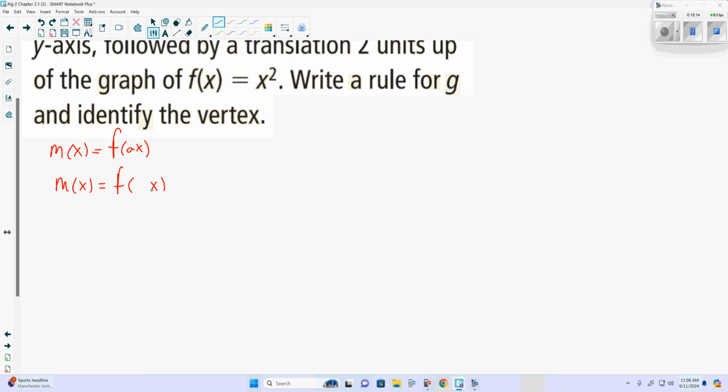Now the value they gave us for the shrink was 1/3. We're not going to plug in the 1/3. We have to flip it. So it's going to go from 1/3 to 3/1, which is just 3. So we're going to plug in 3x, not 1/3 x, because it's horizontal.